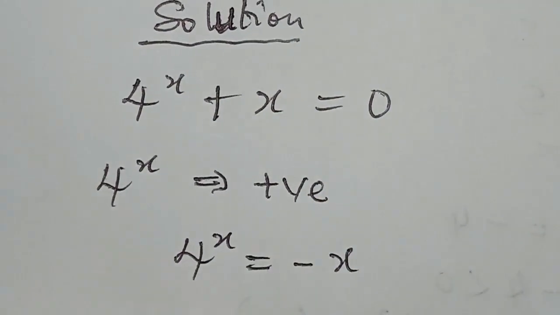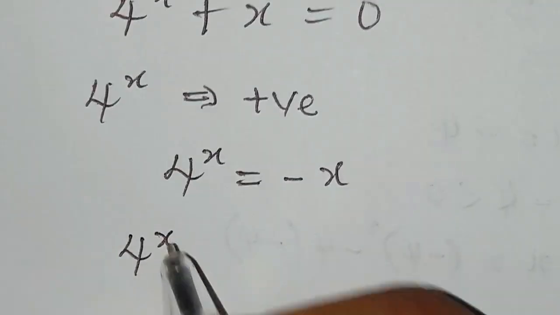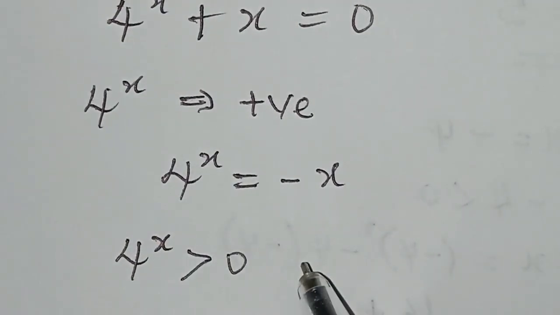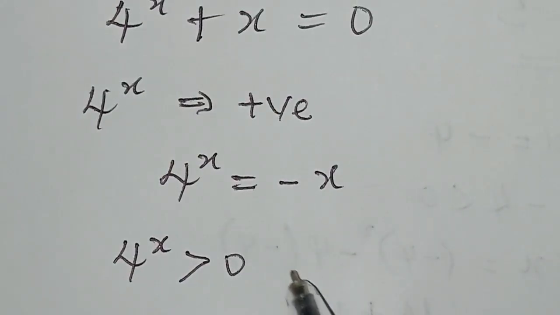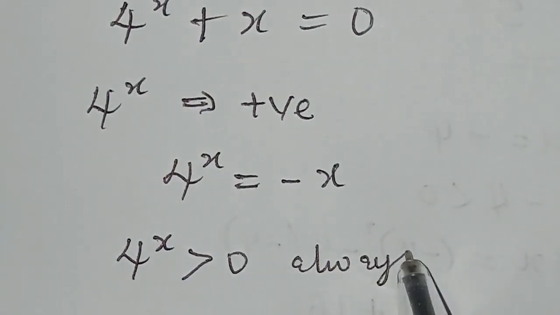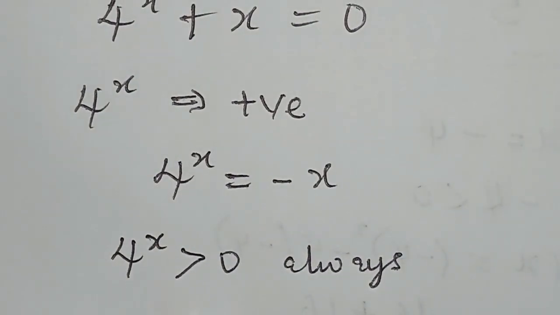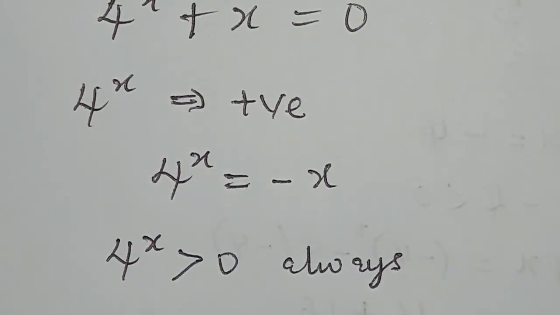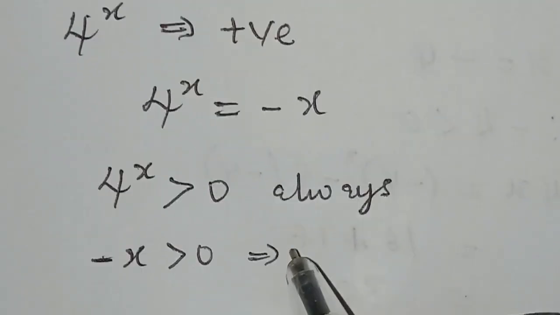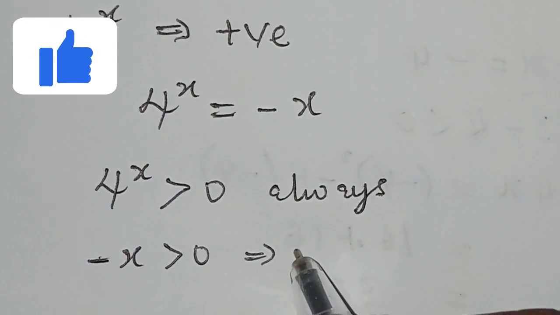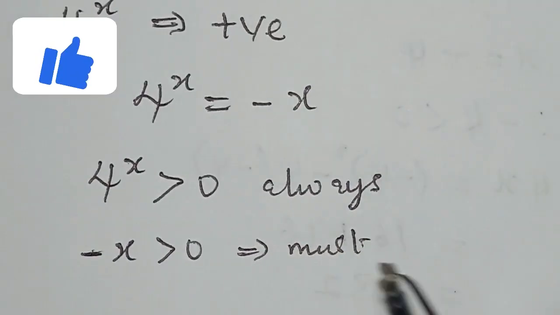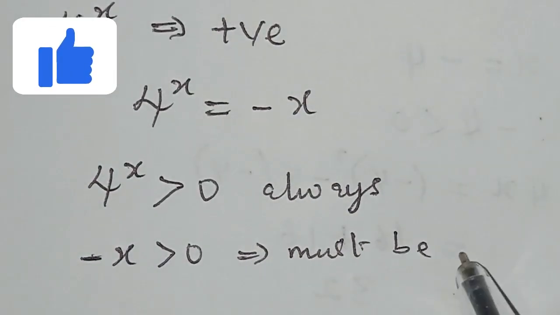This means that 4 to the power of x is greater than 0 always. Then minus x will be greater than 0, which means that minus x must be positive.